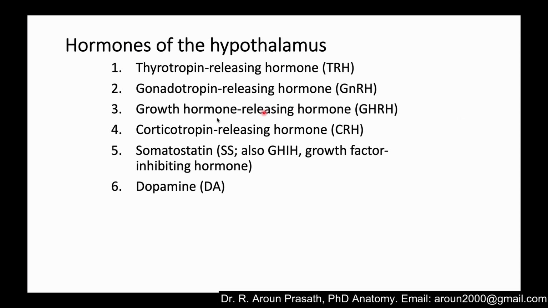Then growth hormone releasing hormone goes to the anterior pituitary and makes it release growth hormone. Then corticotrophin releasing hormone produced in the hypothalamus goes to the anterior pituitary and makes its cells produce adrenocorticotrophic hormone, which in fact goes to the adrenal cortex and makes it secrete glucocorticoids and mineralocorticoids.